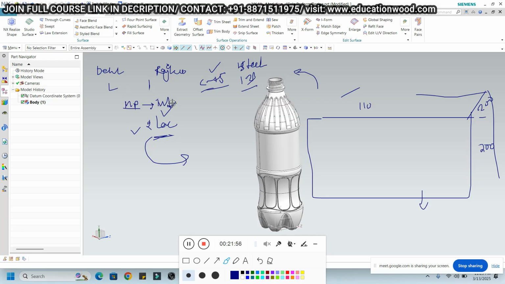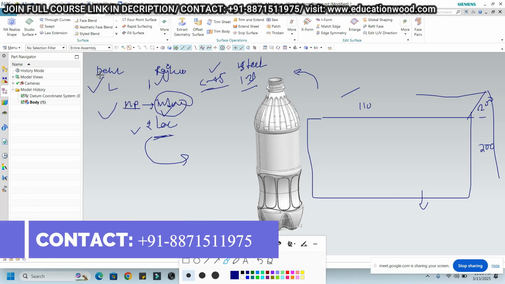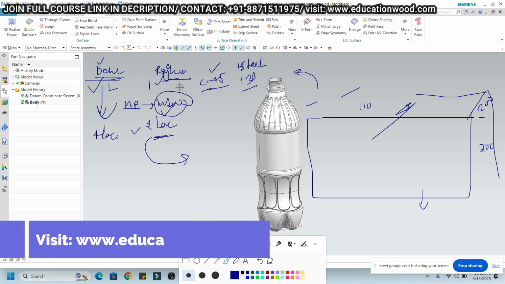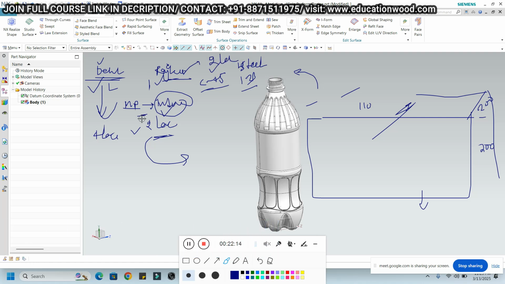In Delhi I can prepare this component in 4 lakh, in Rajkot I will prepare this mold in 2 lakh, and in Indore in 3 lakh, because the labor cost is less.